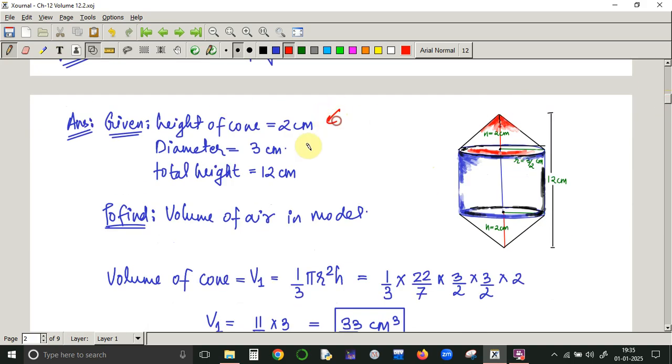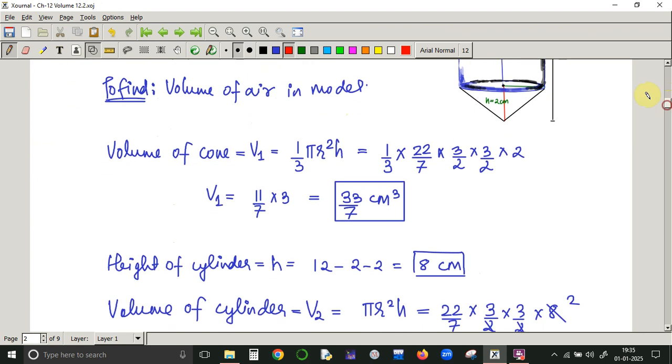These are the given things: height of cone, diameter, total height of the model. We have to find the volume of air in the model. So volume of cone, I have given V1, the short name for the volume of cone. So this is the volume of cone, 1 by 3 pi r square h.